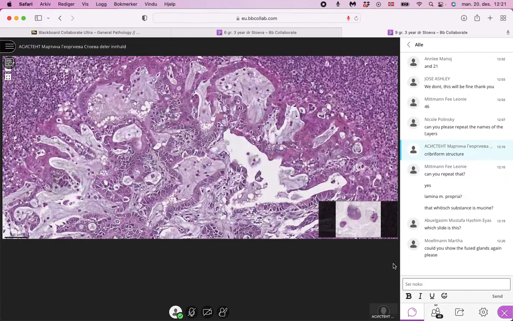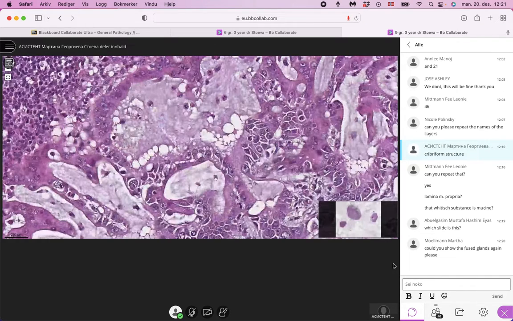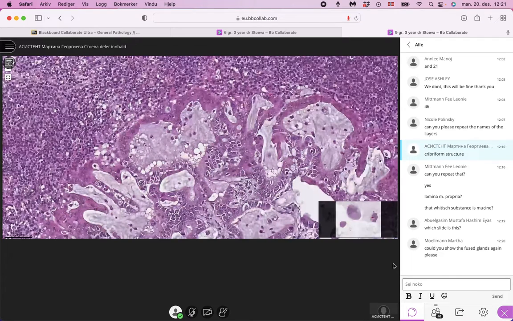Yeah, the fused glands here are visible when we have adjacent lumina separated only by tumor cells. When there is nothing else than tumor cells between two lumina, it means that they are fused together. Otherwise, there should be the lymphoid tissue from the lymph node between the glands if they are not fused.